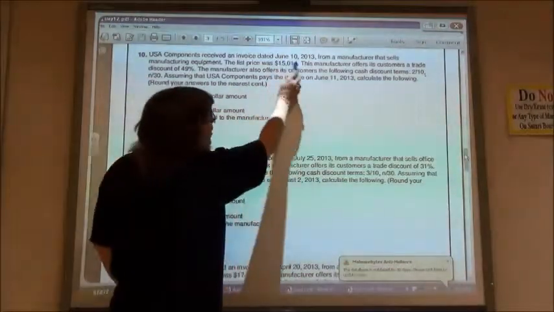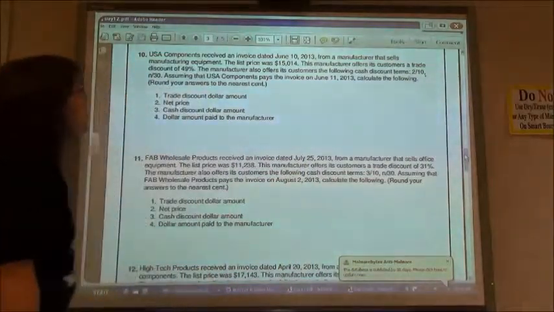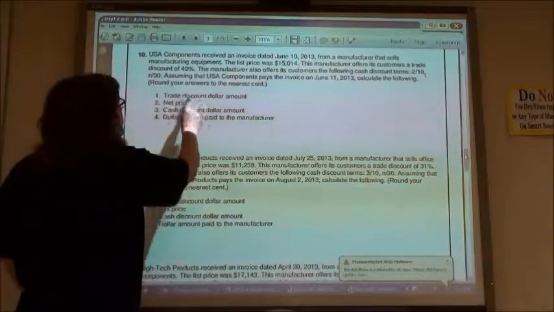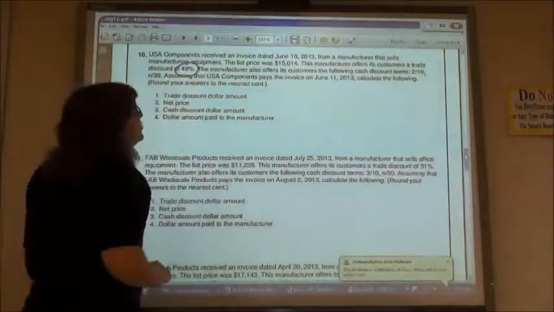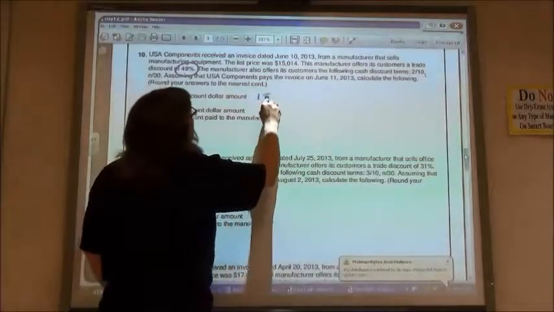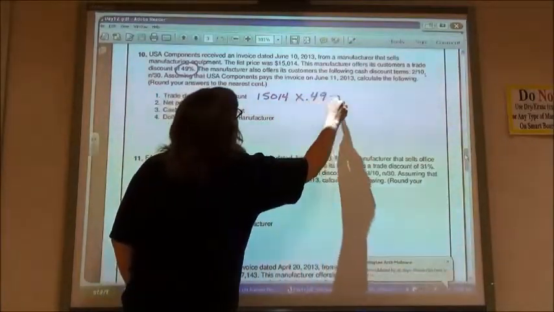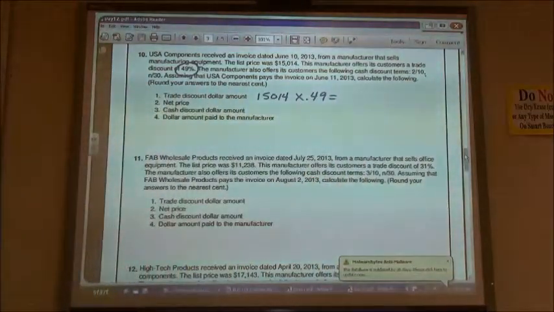So they paid it one day after the invoice date, which means they're also going to get that extra cash discount. So first of all, my trade discount, I'm always going to get that trade discount. I'm going to take the $15,014 times 49% to figure out what that discount is.